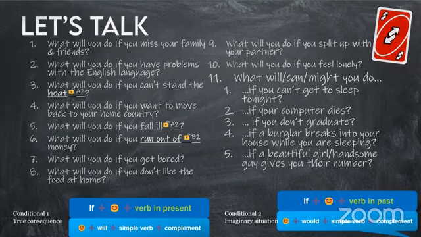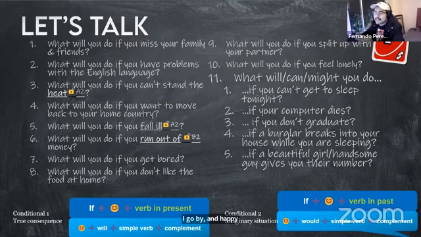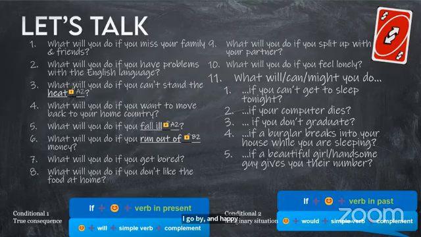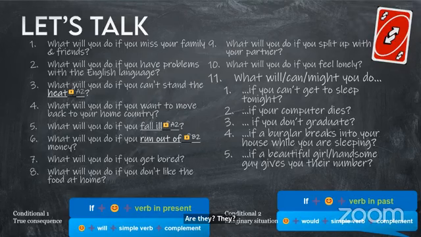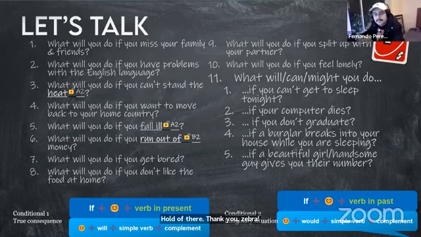If I don't like the food at home, I will buy Rappi. Nice, very good. You don't buy Rappi, you order. Take is different. I will order in Rappi. Nice. I like it. Continue the conversation.